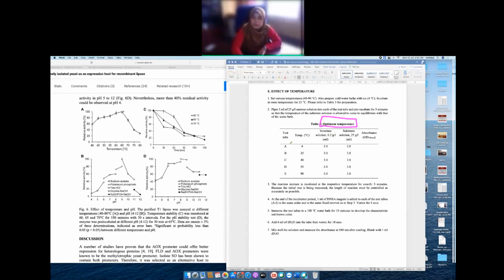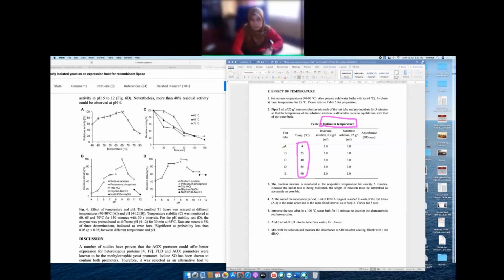We can set whatever temperature we want. For our case we have invertase here, and we want to see at which temperature your invertase will give the best activity, because we don't know yet.